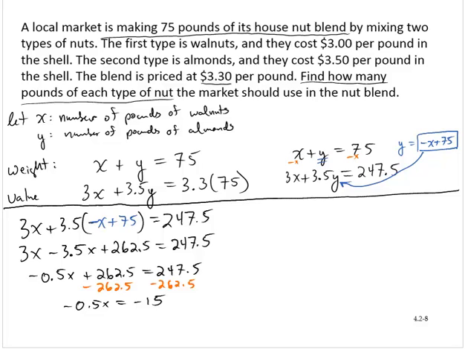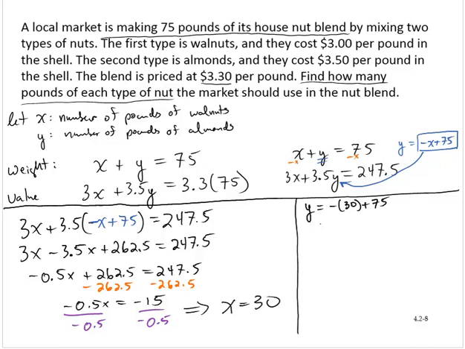And I'll divide through by negative 0.5, and that would yield that x is equal to 30. If x is equal to 30, y is equal to negative 30 plus 75, and so y would equal 45.